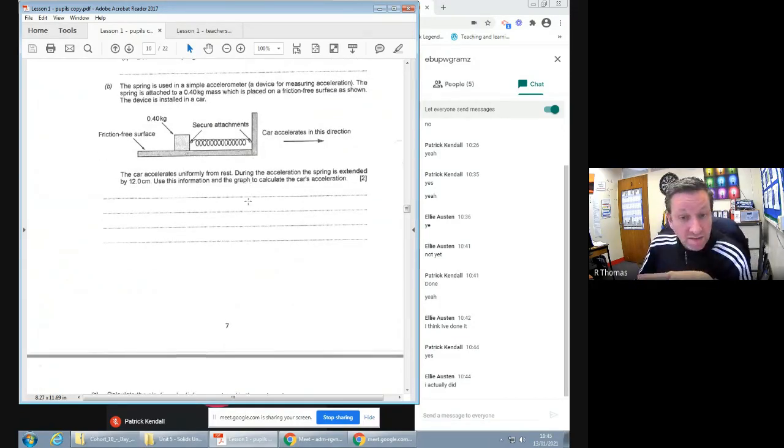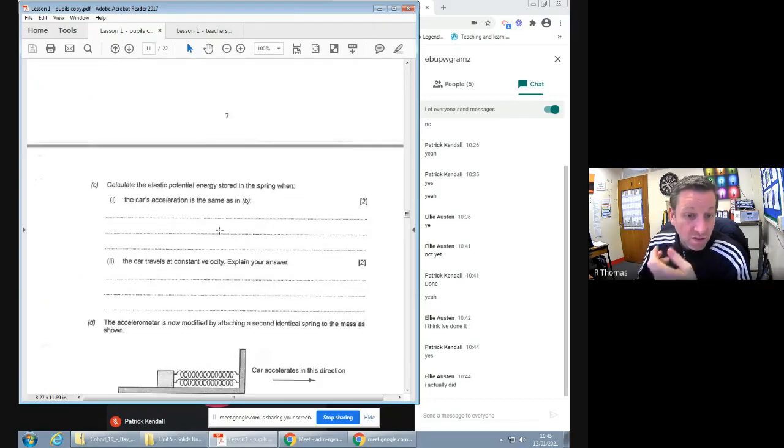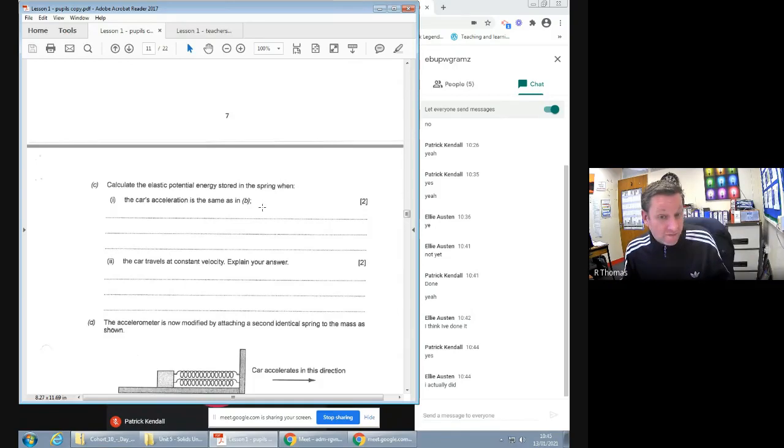Now don't forget, there's a couple of ways to work this out. You can either use energy is a half k times x squared, or you can work out the area under the graph, or you could use a half times F times x. There's 3 options. So using either of those options, work out the car's acceleration.